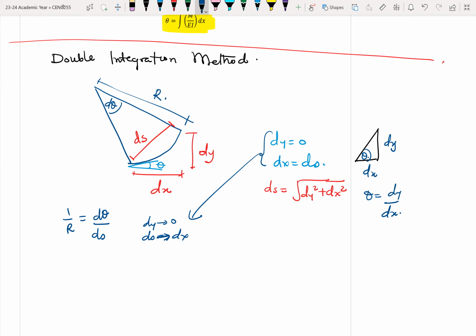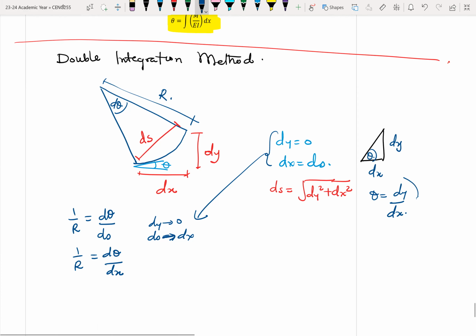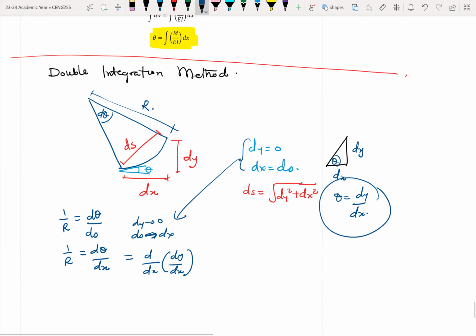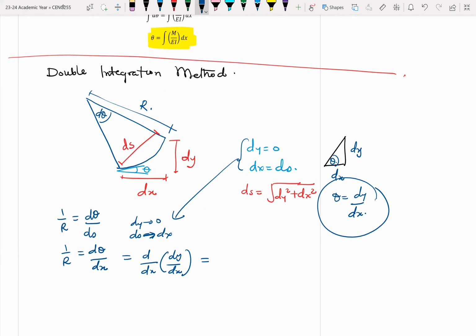So going back to our previous calculations, 1 over r is the same as dθ over dx. And then we know that theta in itself is dy over dx. So this gives us d/dx of dy/dx, which should give us d squared y over dx squared.